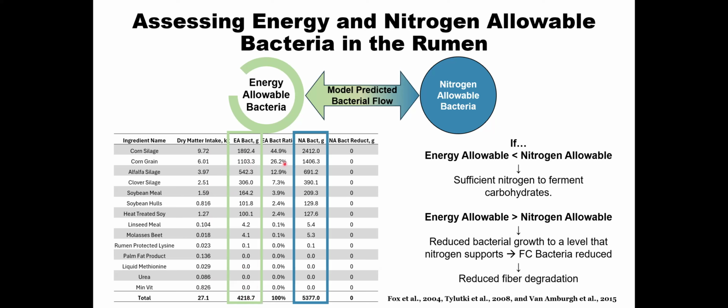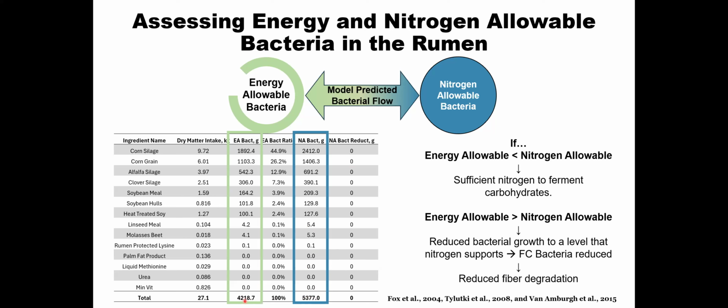And we get our ratios, and then now we have to calculate the nitrogen available for those bacteria. And I won't go through this in detail, but you can see down here, the total ends up being almost 5,400 grams of nitrogen. So when you look at that, you say, well, we're in great shape, right?